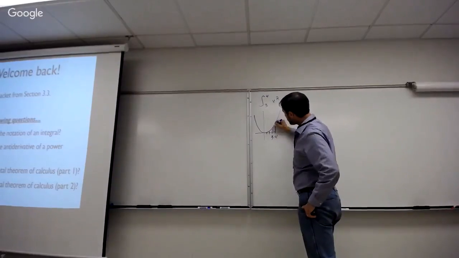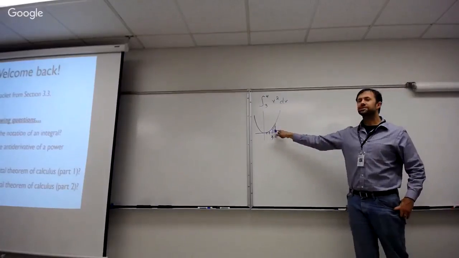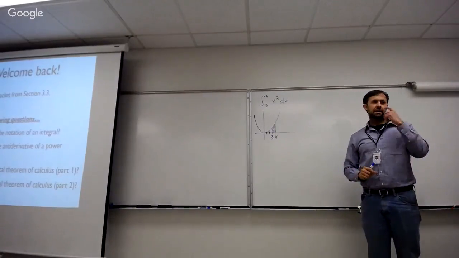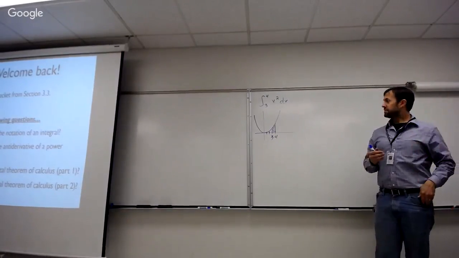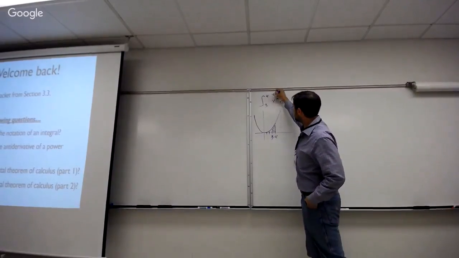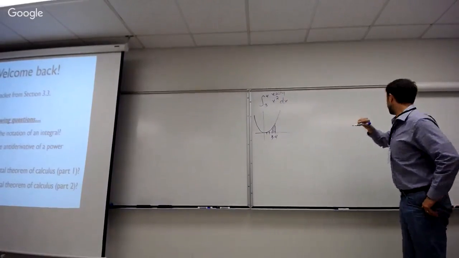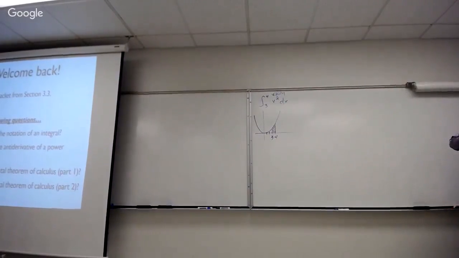Now, you might look at that and say, who cares about that? Like, why would you ever want to know just that one little slice of area? But you never know. You might want to. Especially if this, say, represents your velocity, then remember previously how we talked about distance, velocity, and acceleration?